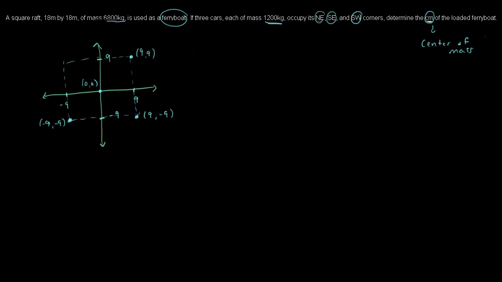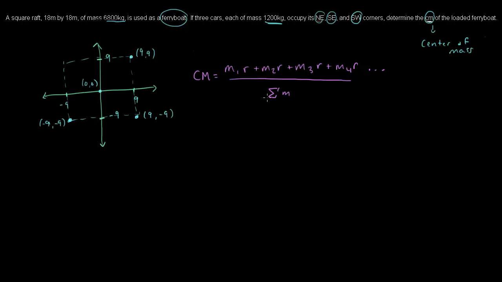Now there is an equation for center of mass, and it reads something like this: center of mass equals m1 r plus m2 r plus m3 r plus m4 r. In this case we have 4 masses, but it could go on forever, and all that is divided by the sum of the masses.